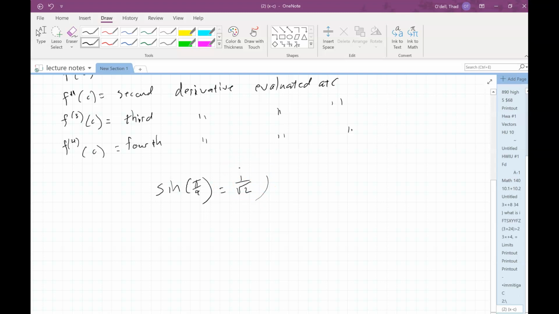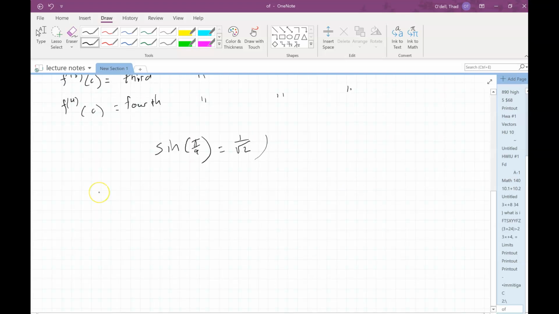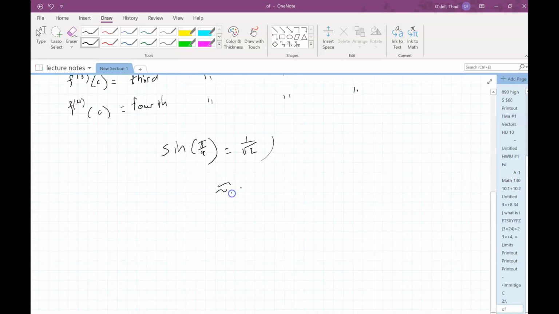The way you get the approximated version is either you go to a table, which you guys don't use anymore, or you use your calculator. Here's the interesting thing that you may not know. When you type sine of pi over 4 into your calculator, let's do that real quick. Sine of pi divided by 4, you get 0.01.